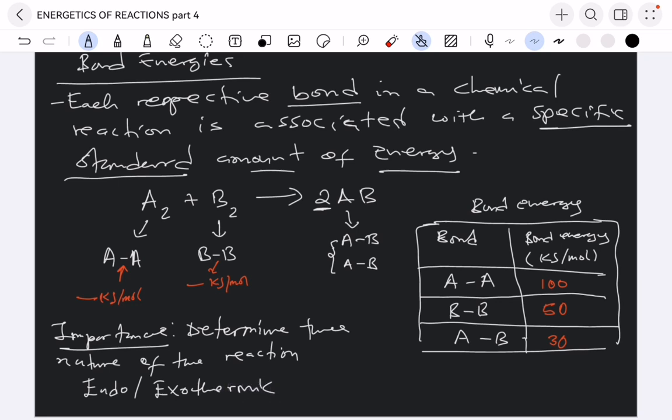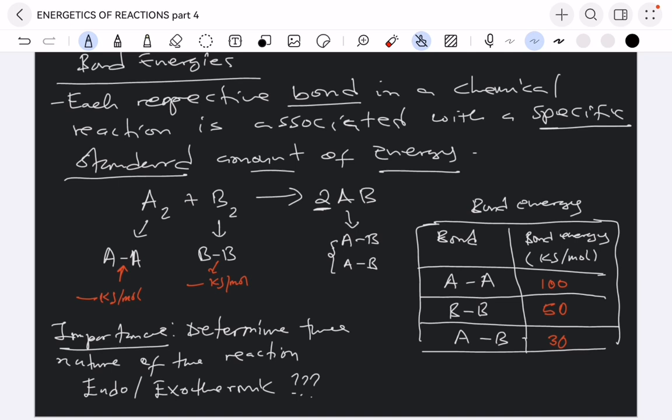So just by looking at this given equation, diatomic A plus diatomic B producing AB, are we able to tell whether this reaction is endothermic or exothermic just by looking at it?